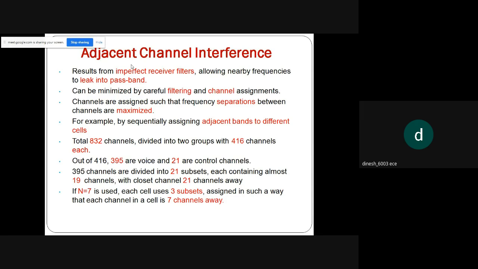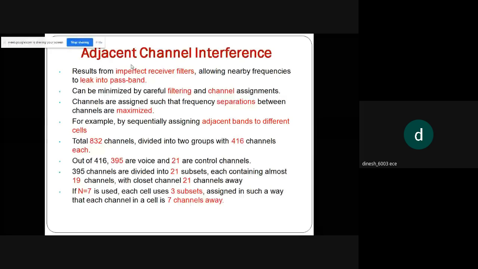For example, it is given here that by sequentially assigning adjacent bands to different cells, there are totally 832 channels. As an example, given two groups, which is 416 channels each, out of them 395 channels are voice and 21 are control. So these 395 are divided into 21 subsets containing almost 19 channels, with the closest channel 21 channels away.